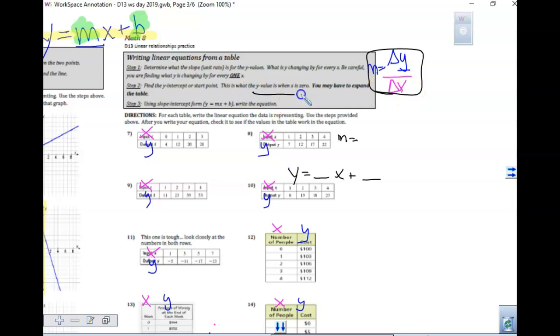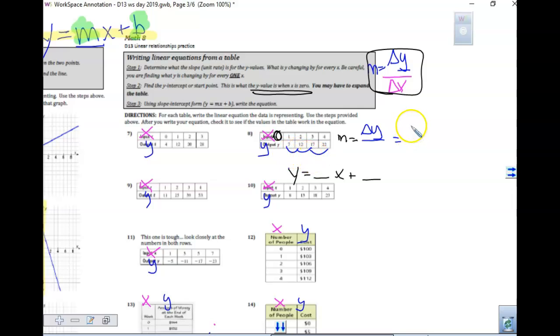Then you look for the y value when x is 0. There is no 0 in this table, so add in a 0, okay? So, change in y. We were doing that in blue. Change in y. Tell me how my y values are changing from one to the next. As I look at that, let's see what's happening.